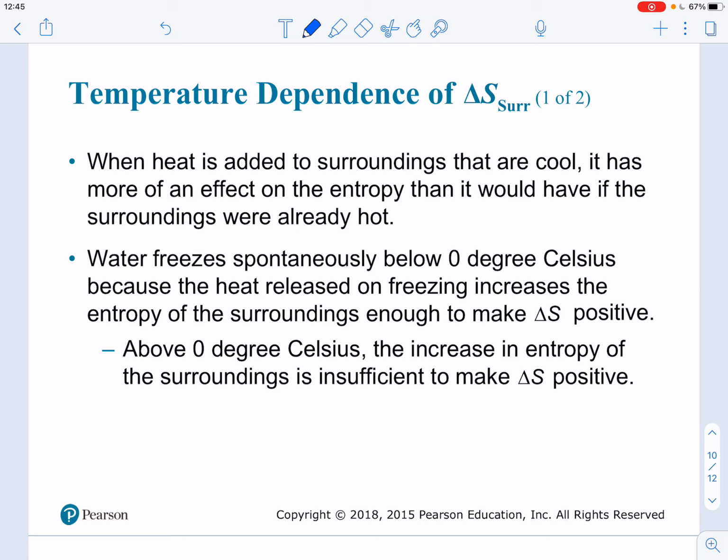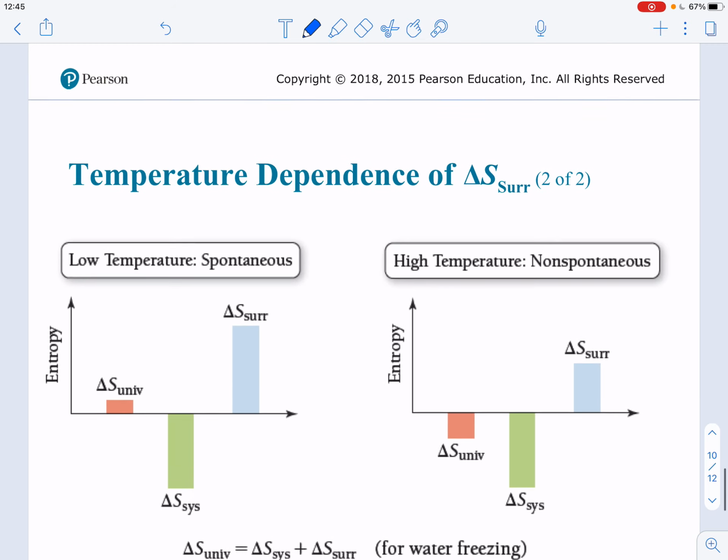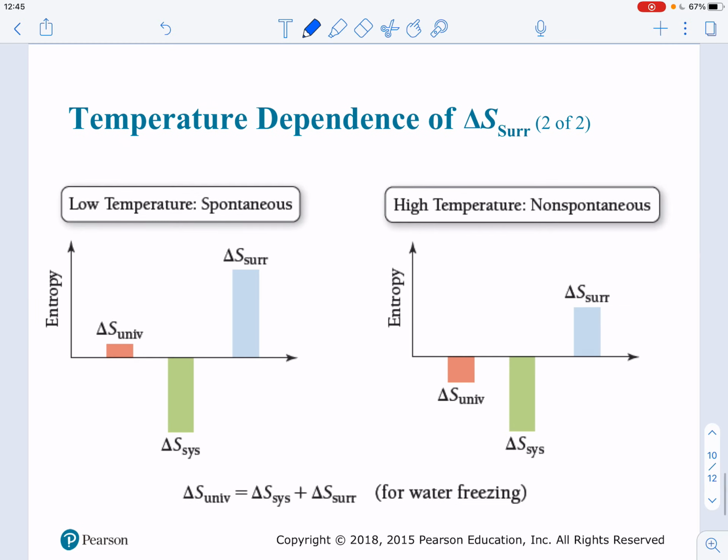Now, whether a process is spontaneous or not is temperature dependent. If we want to look at this in a graphical view, we are focusing our attention on the entropy of the universe.